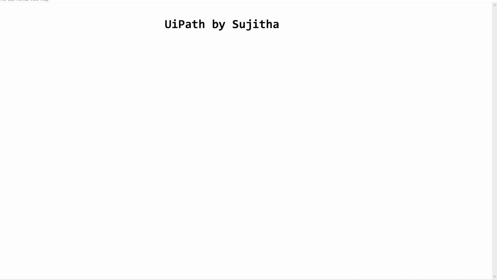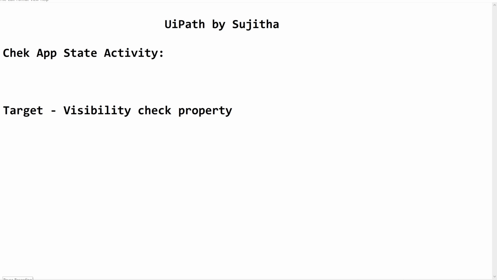Okay, before going to target visibility check, I would like to just quickly recap about check app state activity. Check app state activity, as the name conveys, checks the state of an application, whether it is a desktop one or a web application, based on an element.